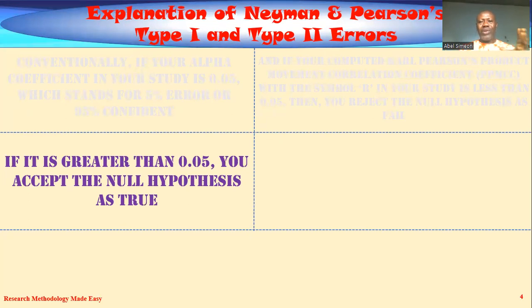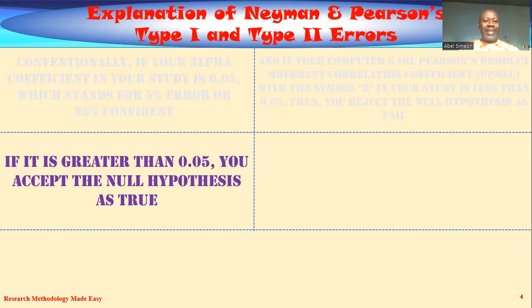Today's study is not about null hypothesis or alternative hypothesis. It is purely understanding type 1 error, type 2 error, type 3 error. I'm just giving you a background so that you understand that I'm not talking about Neyman and Pearson's error 1 and error 2.